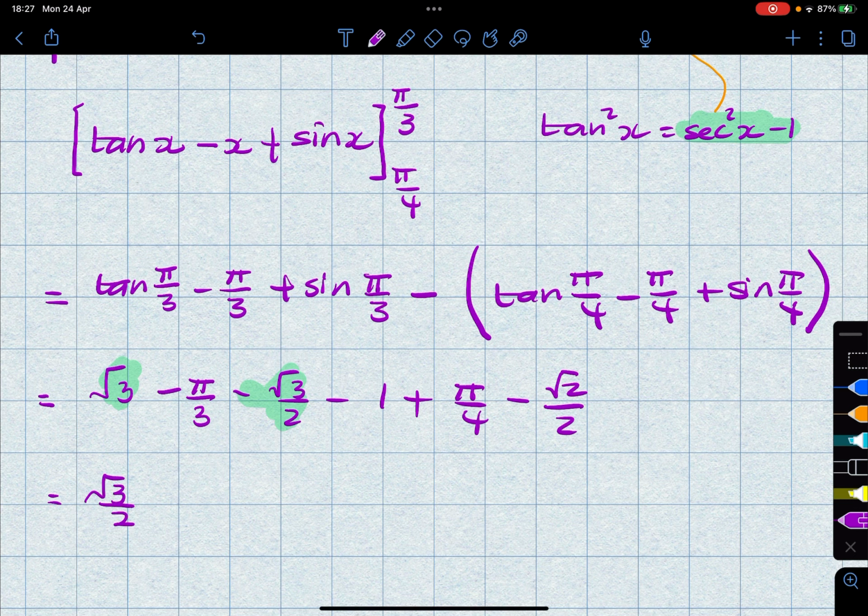You've got pi over 3 and pi over 4. That'll give you minus 1 over 12. And then you've got these two that you can combine.